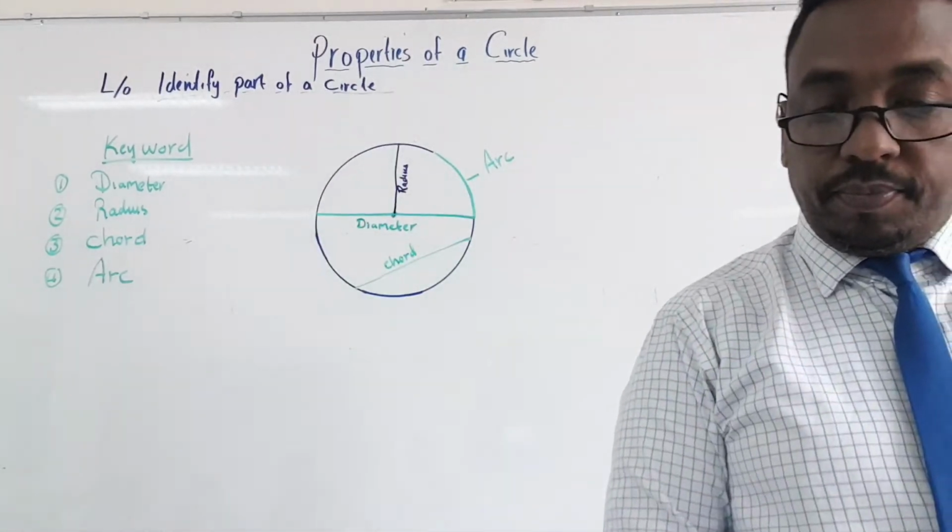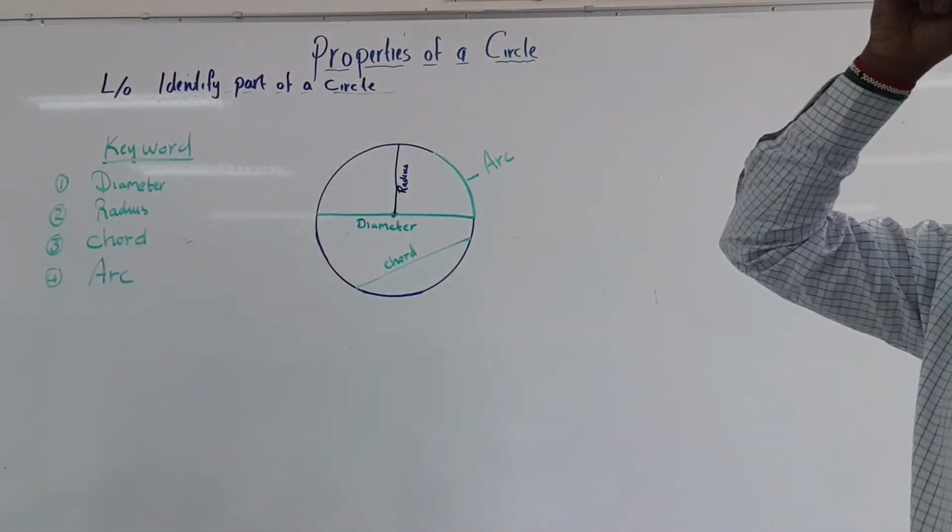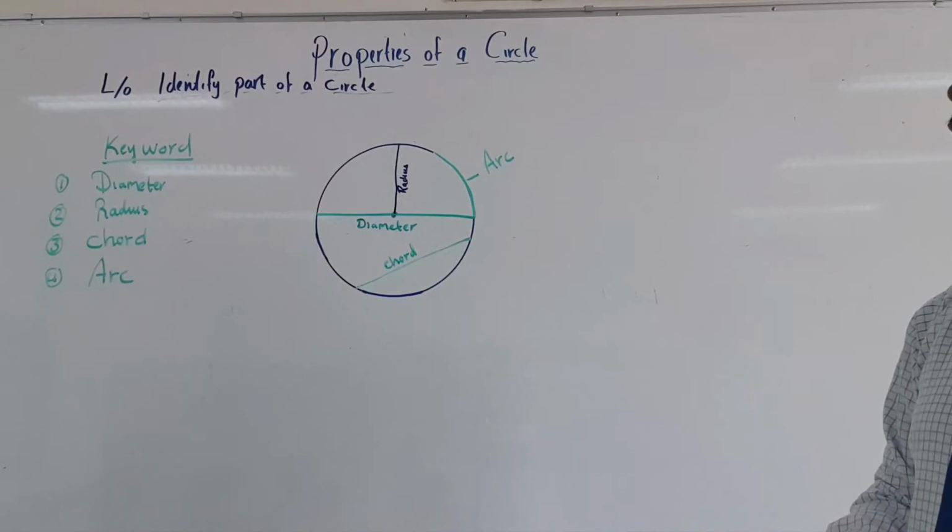Right. So we have the arc, we have the radius, we have the chord. Okay?